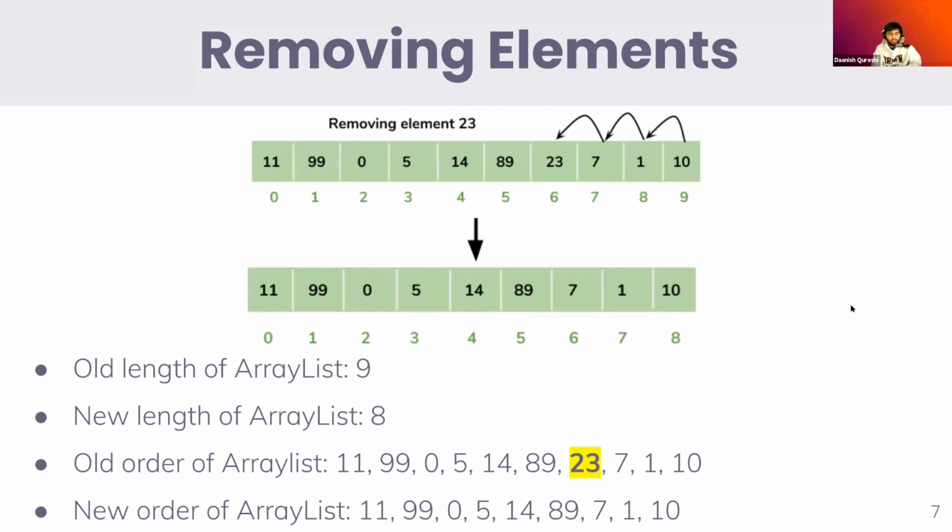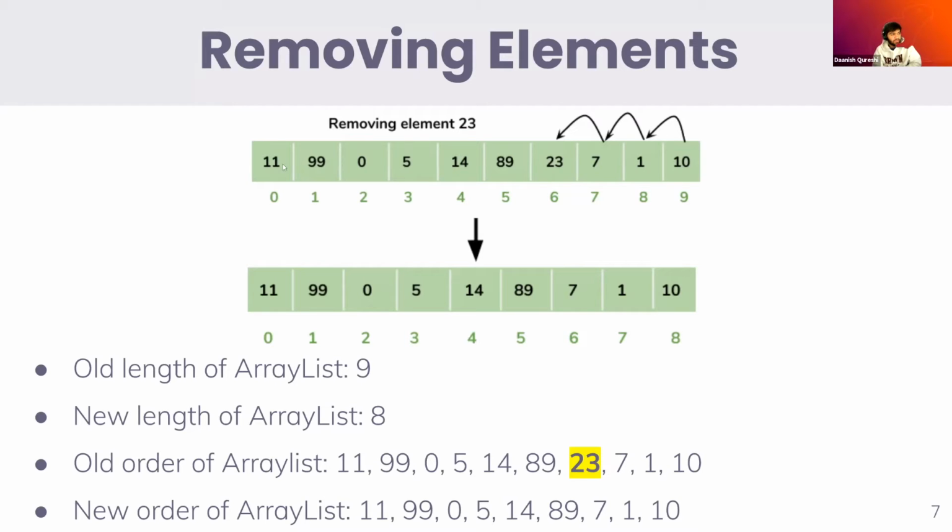Perfect. That is exactly what we want to see. So we see everything shift down. Now keep in mind, I can remove any element I want. I'm not choosing these specifically. I can take out 23, I can take out 99, I can take out 11. It doesn't matter, and the same principle will apply for every element.